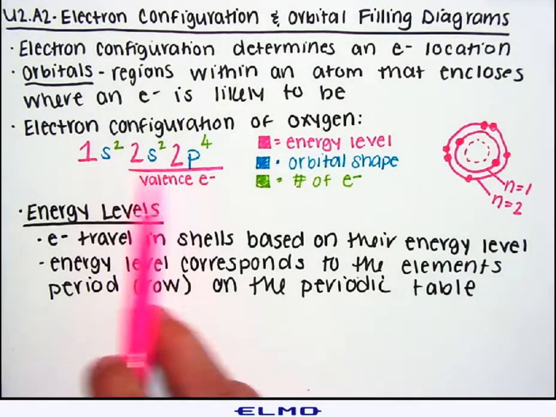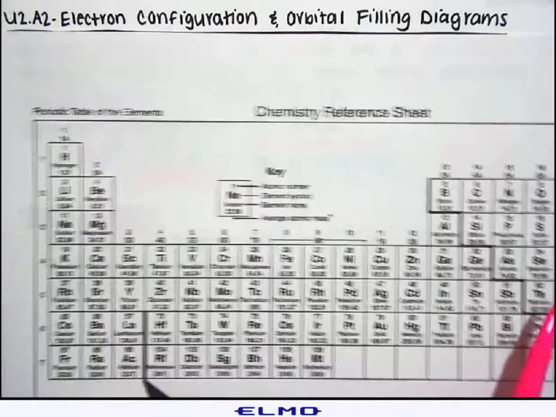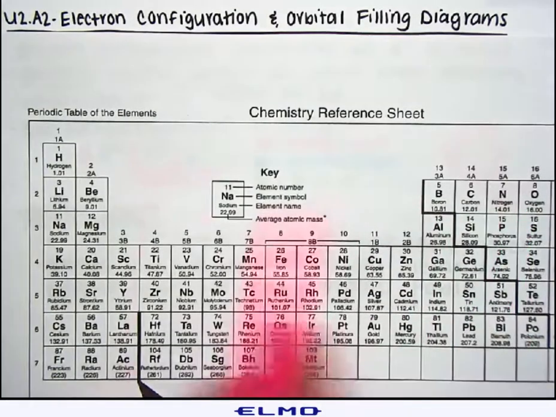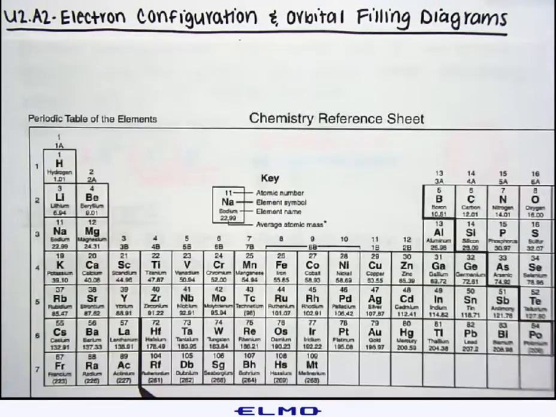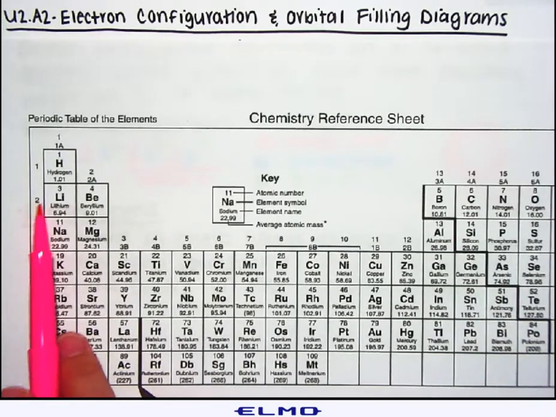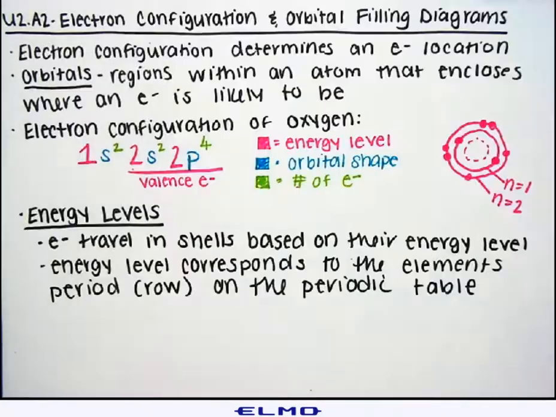Oxygen's valence electrons are in the second energy level. So if I were to grab my periodic table and find oxygen, oxygen is in the second period. So this period number corresponds to the energy levels in our electron configuration.